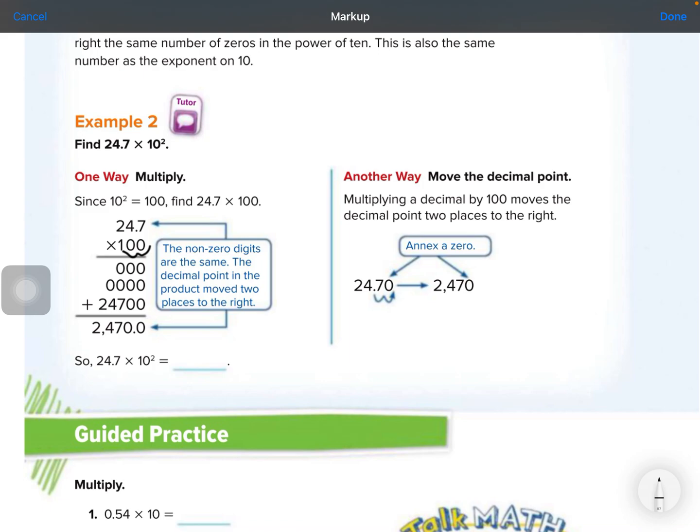So that means we're going to be moving right 1, 2.